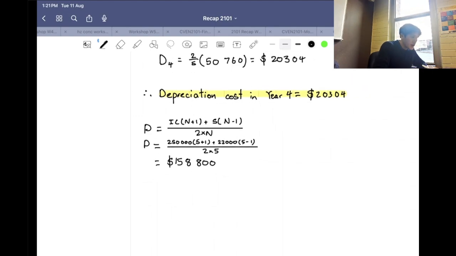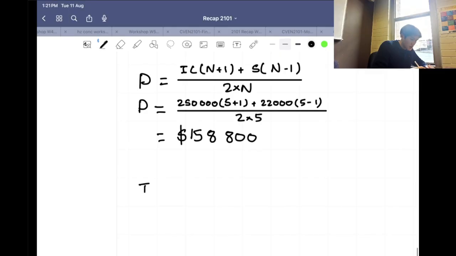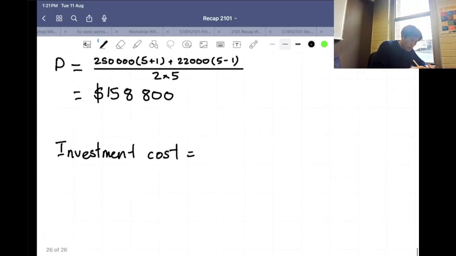And to find the investment cost, you just do P times I, where P is your average value of the equipment, and I is the interest rate.